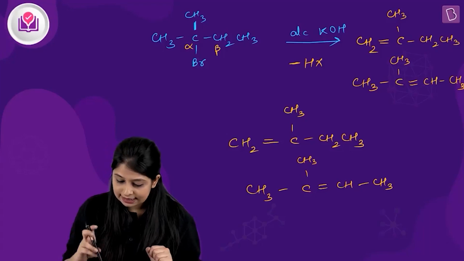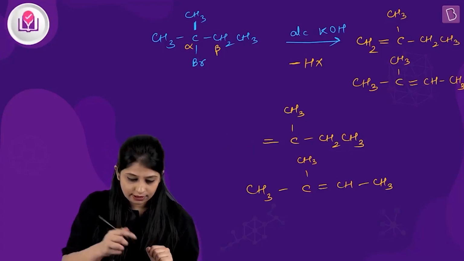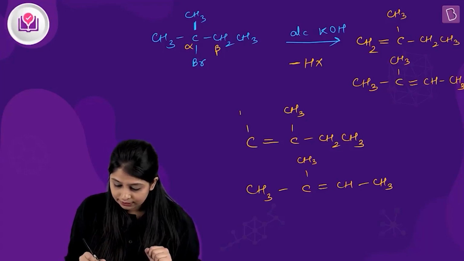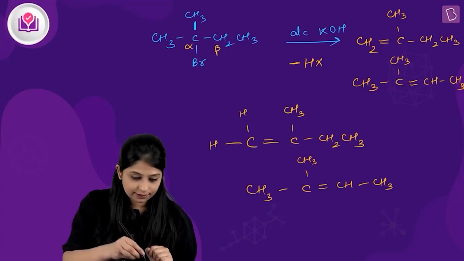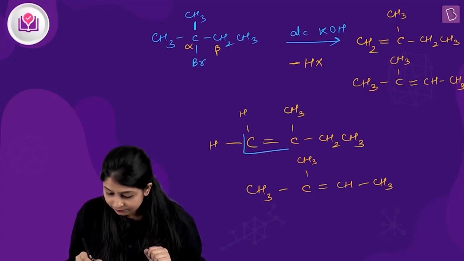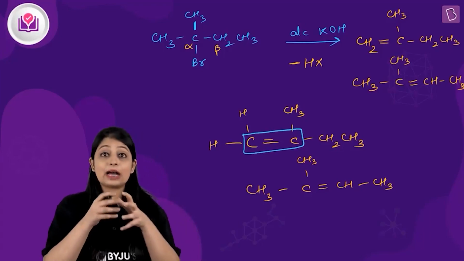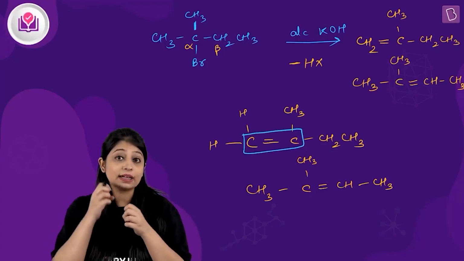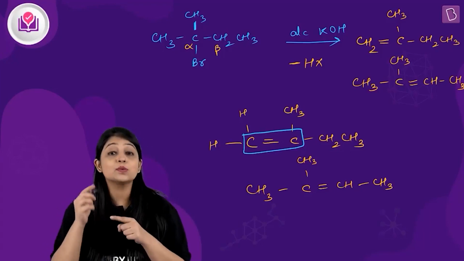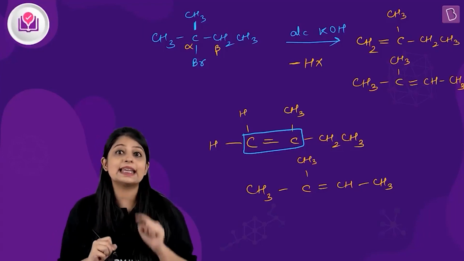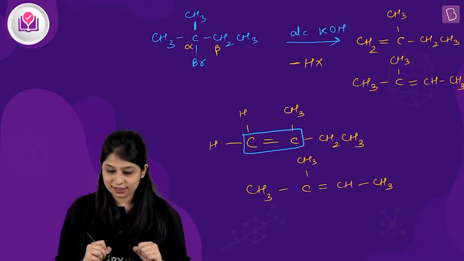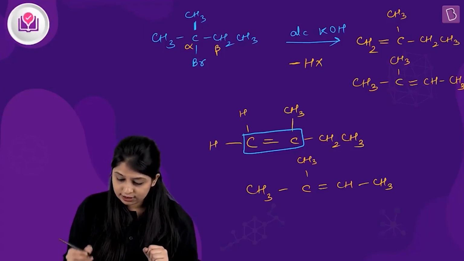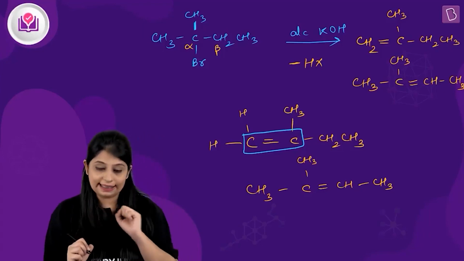So this C, let me rewrite it so that it becomes better for you to understand. This entity, C double bond C, is counted as one entity. The hydrogens present on the carbon atoms which are attached to this entity are the alpha hydrogens. Let's see how many alpha hydrogens the first alkene has.